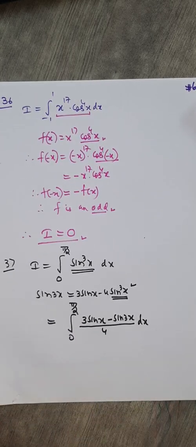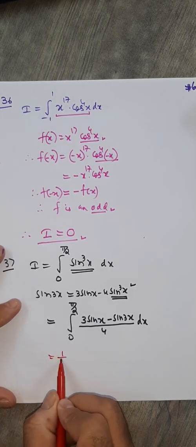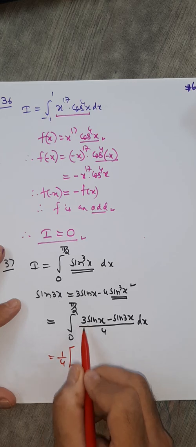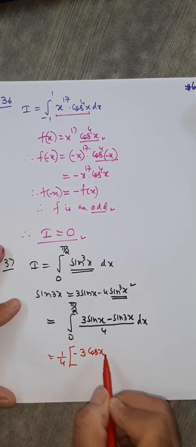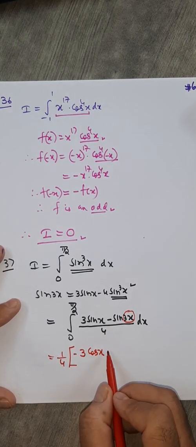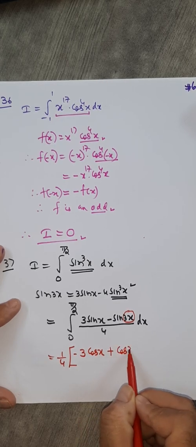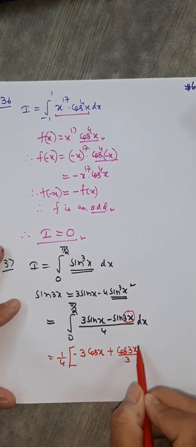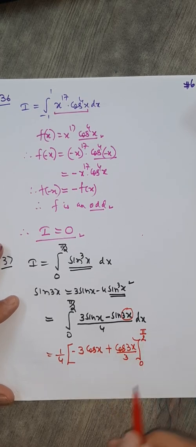Now all are standard functions, so this can be integrated very easily. Here 3 as it is. What's the integral of sine? Minus cosine. This is a linear function with coefficient of x equal to 3, remember. So plus, what is this? Cos 3x by 3. And limits are from where to where? 0 to pi by 2.